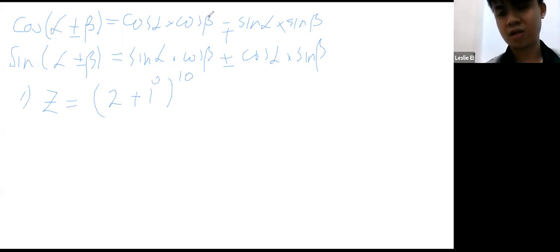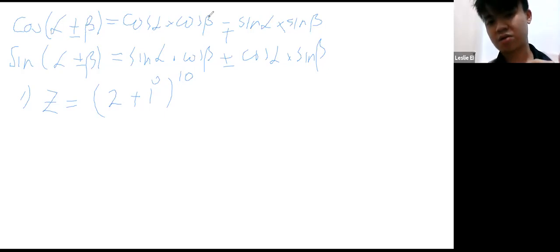The question is, how much effort are you going to put in to solve the power of 10? We want to avoid a very long working. I want to get the answer for the power of 10 in a shorter way. So to solve it in a shorter way, you need the polar form.